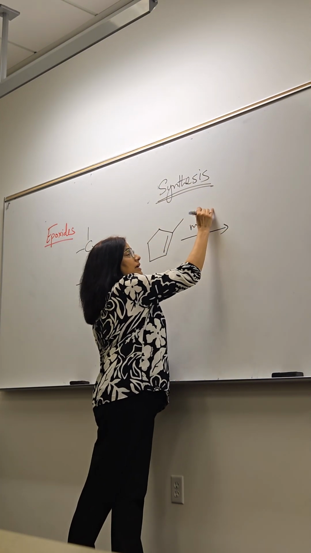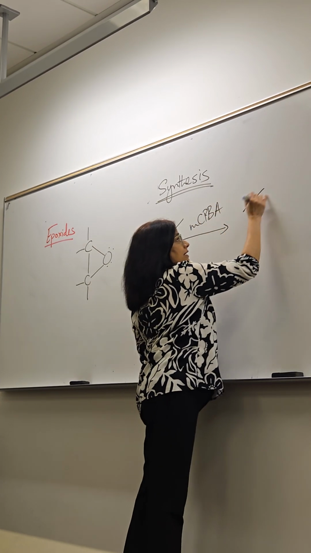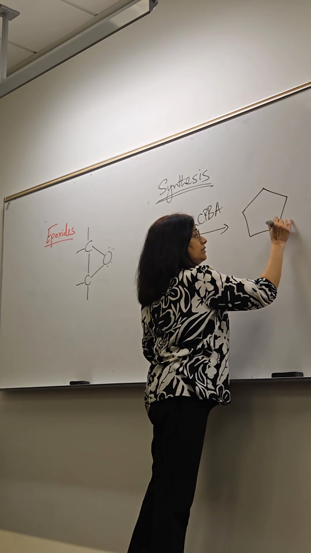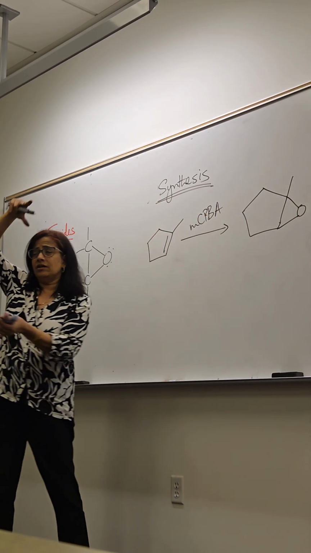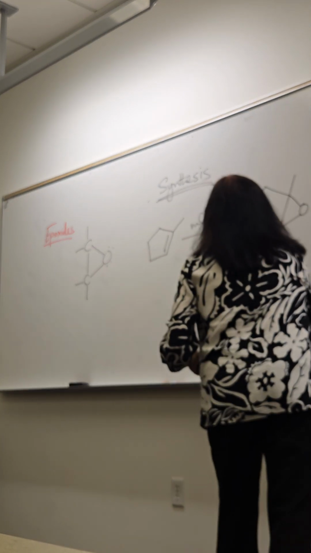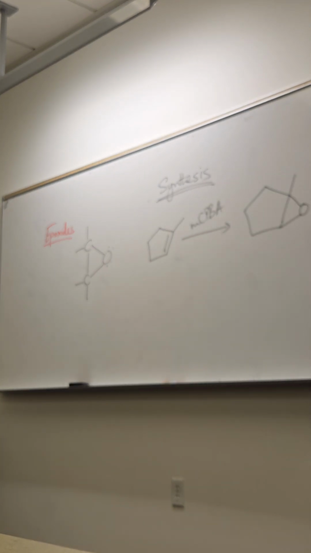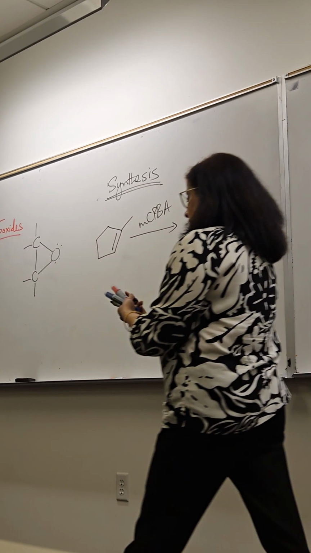MCPBA, which is a peracid, creates an epoxide. You'll get the epoxide on the top or at the bottom; you get both of them. Does that ring a bell, everybody? There is one other way of making an epoxide.